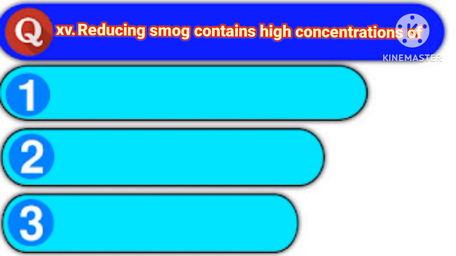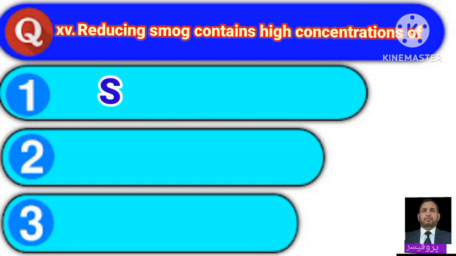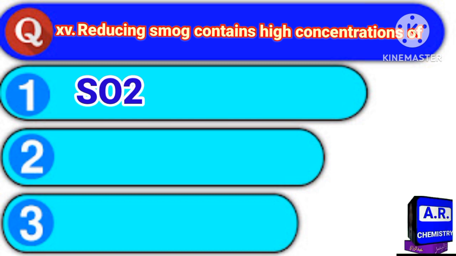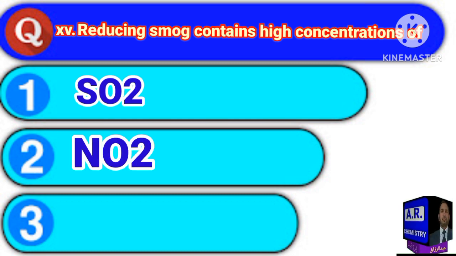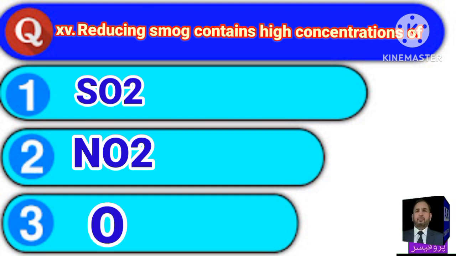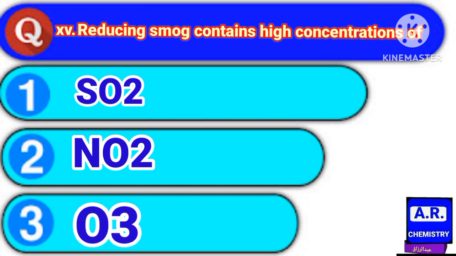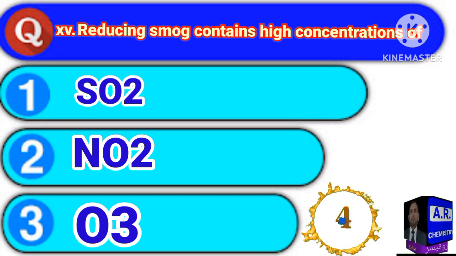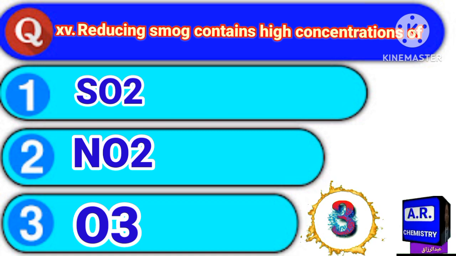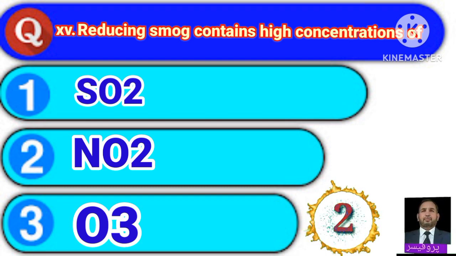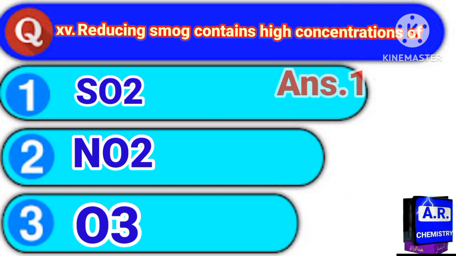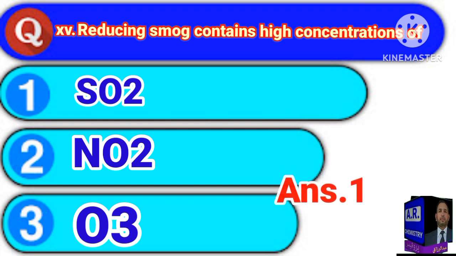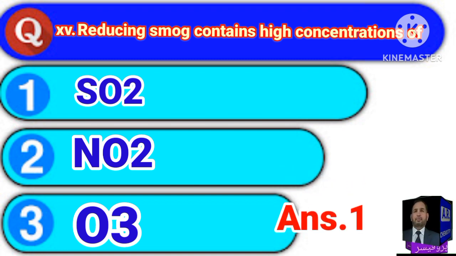Reducing smoke contains high concentration of number 1 sulfur dioxide, that is SO2, number 2 nitrogen dioxide, that is NO2, number 3 ozone, that is O3. Please choose the correct one. Yes, it is option number 1, that is sulfur dioxide. This smoke is also called industrial smoke.